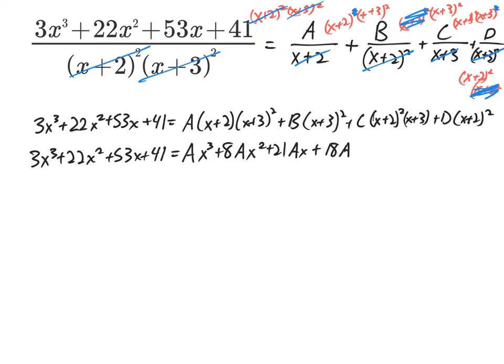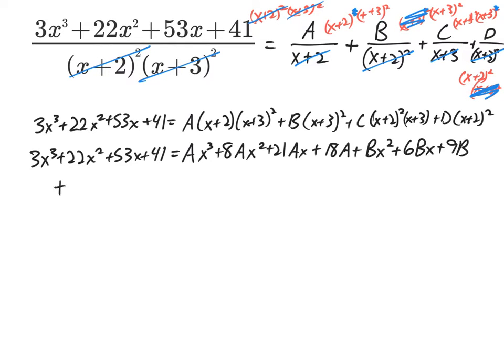This next piece is going to be x plus 3 squared, and I'm going to multiply B into every single one of those. So that's going to be Bx squared plus 6Bx plus 9B.